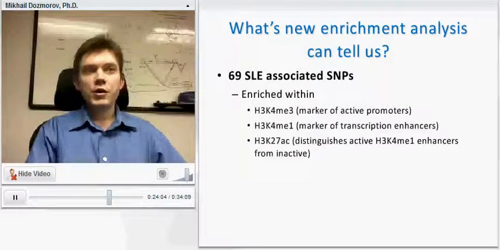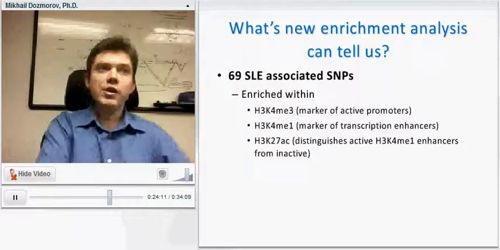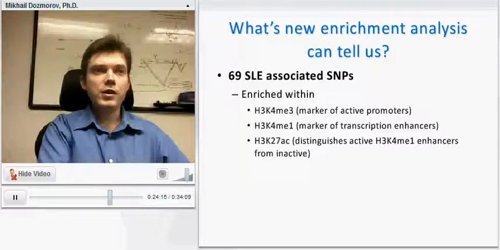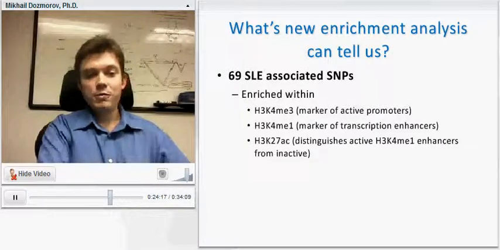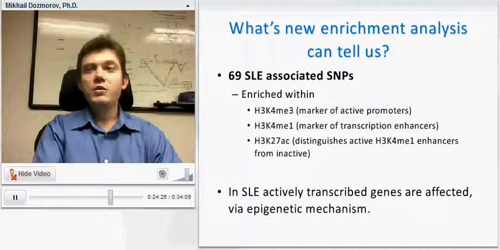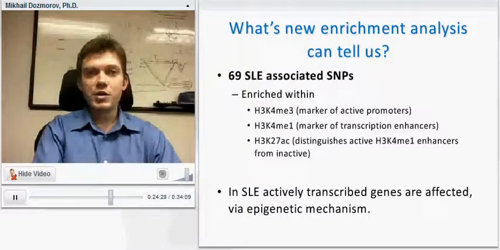H3K4 monomethylation is a marker of transcription enhancers. And the third mark, H3K27 acetylation, distinguishes active enhancers from inactive. So from this, we can hypothesize that in lupus, actively transcribed genes are affected, and this happens via epigenetic mechanisms.